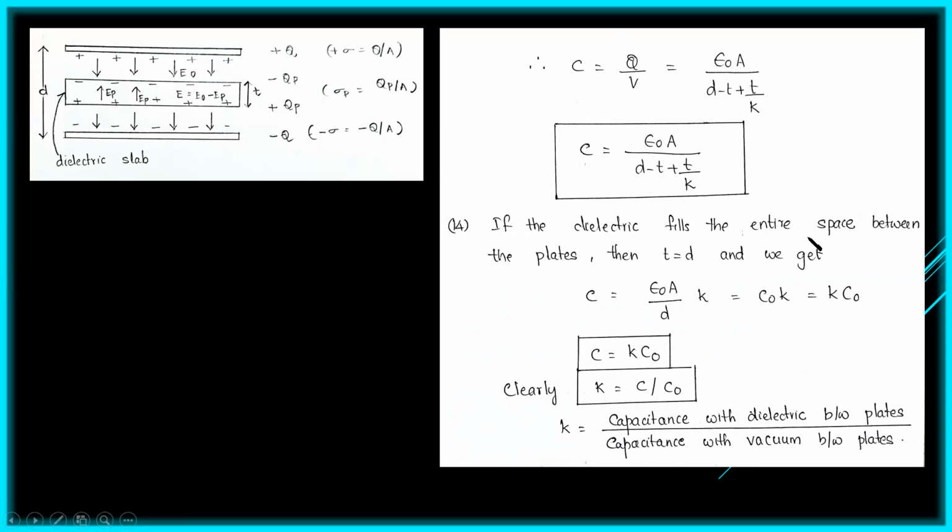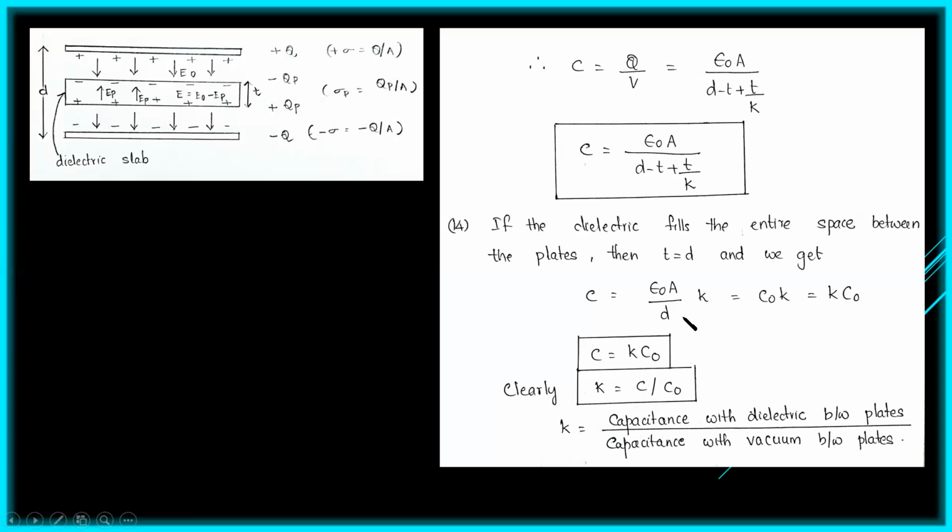If the dielectric fills the entire space between the plates, then t is equal to d. So in place of t, you can substitute d. It becomes d minus d, 0. This becomes d by k. K will go up. You will get epsilon naught A by d into k.